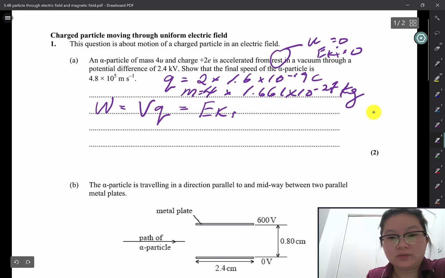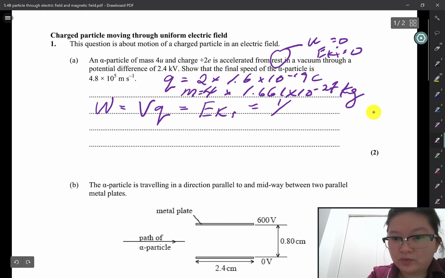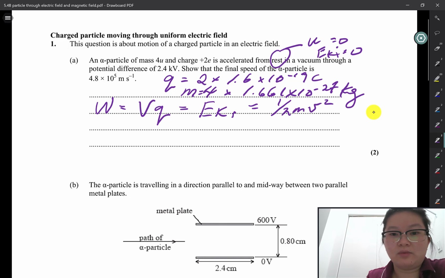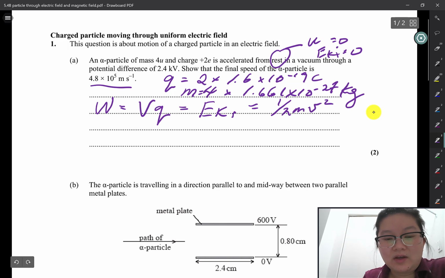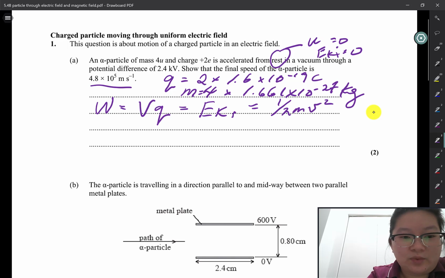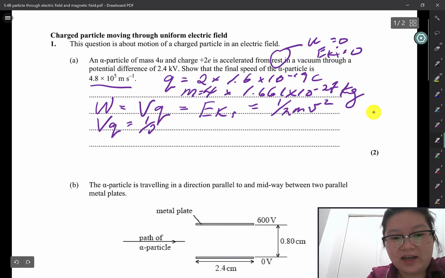Okay, so kinetic energy we know is 1/2 mv squared. v is the speed, which is what we want to show. Okay, so essentially we have VQ is equal to 1/2 m v squared.